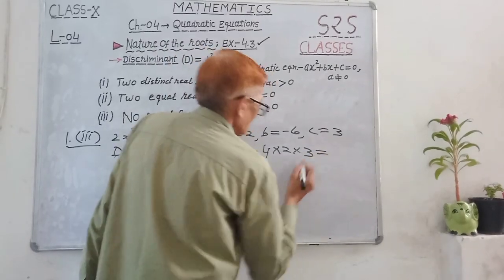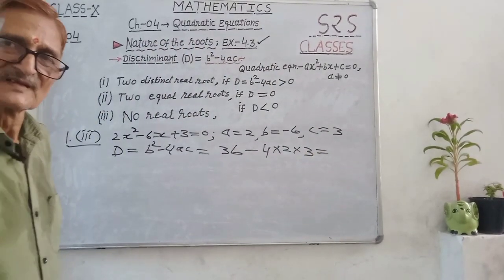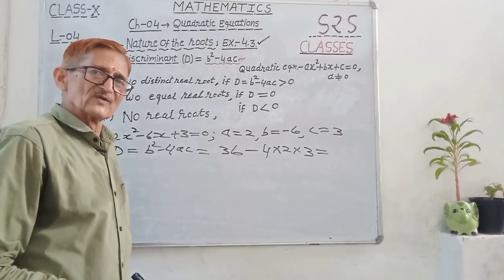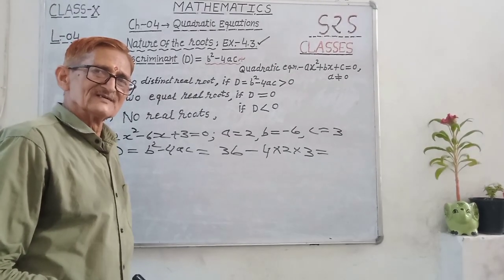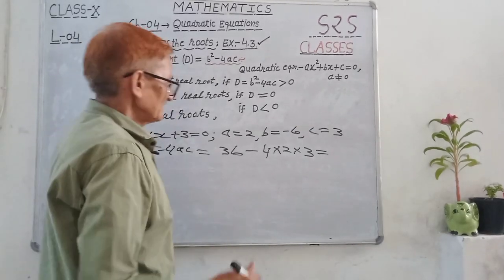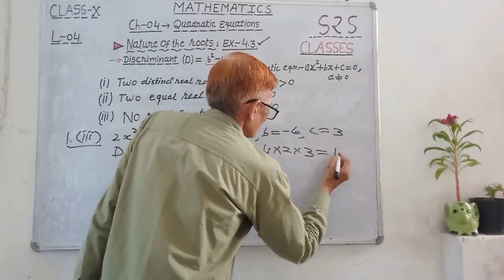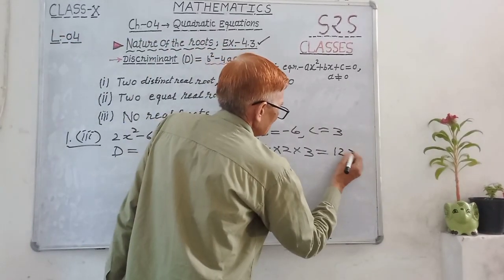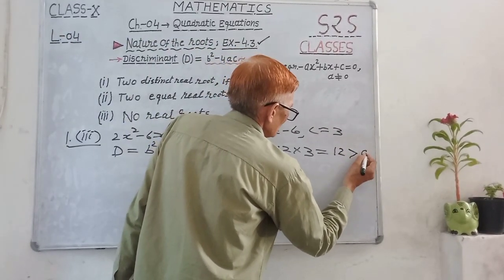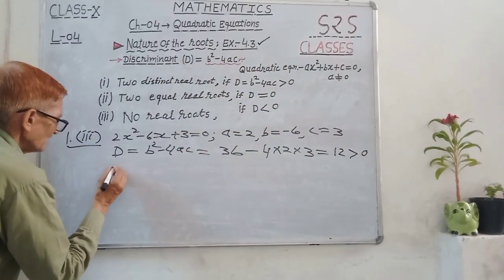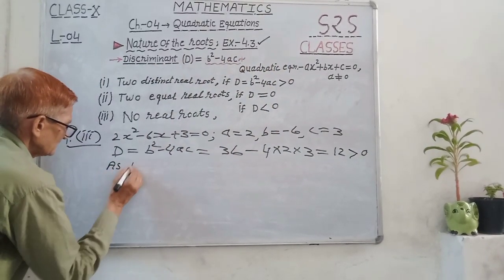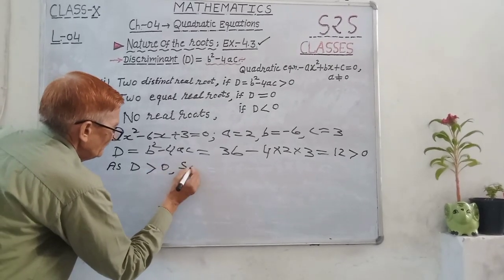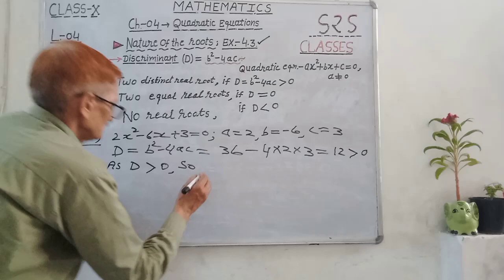Then 36 minus 24 is 12. This is greater than 0. So we have to say the discriminant is greater than 0.